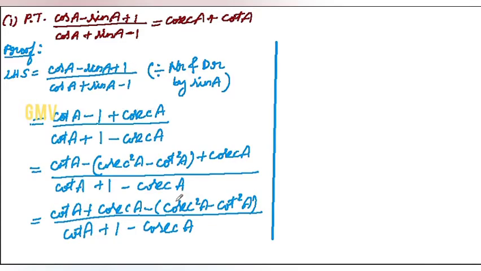Now we have to use the formula A square minus B square for cosecant square A minus cot square A. So in the next step, it is equal to cot A plus cosecant A, write as it is.